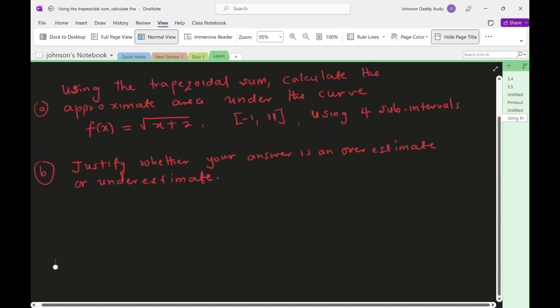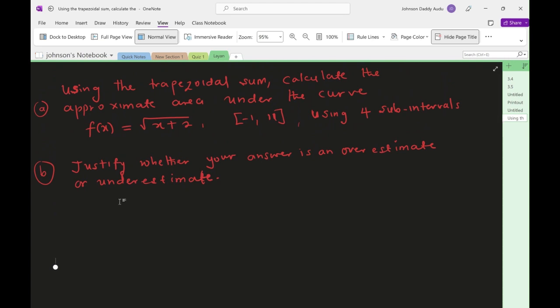So this question, what is it saying? Let's just have the diagram here. It's like this. So the function is just like this. This is the graph of root of x plus 2.